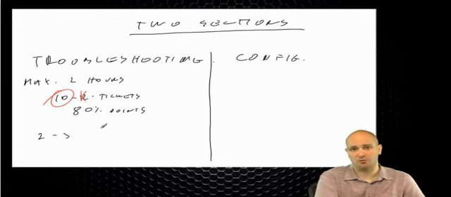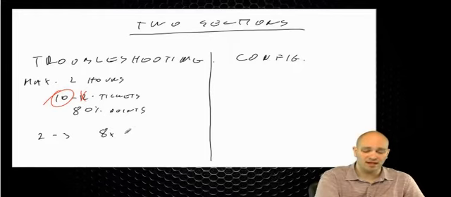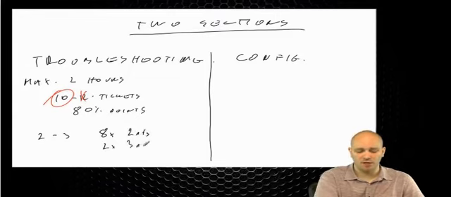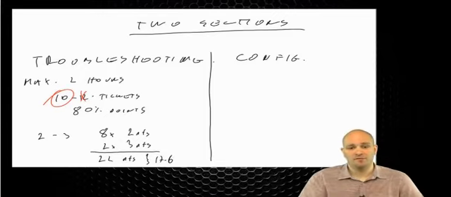Most likely layout of the troubleshooting section is that you're going to have 8 tickets that are 2 points, and 2 tickets that are 3 points, giving you the total of 22 points. Now, 80% of 22 is 17.6. Now, if you want to pass the exam, you need to get 17.6 points.